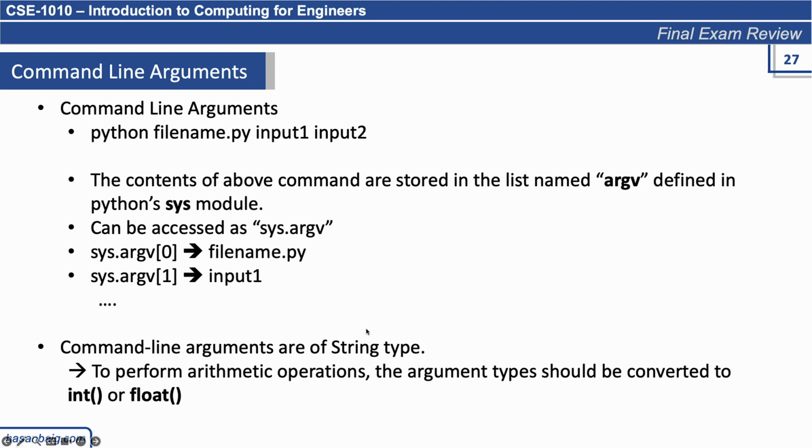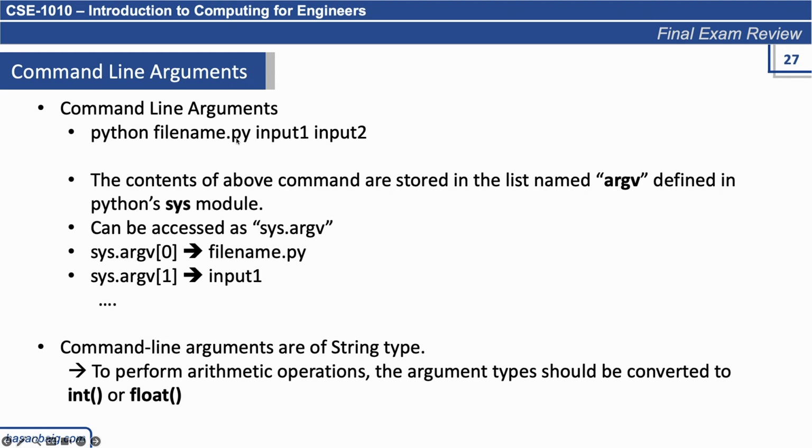After this, we discussed the command line arguments. In the command line arguments, we can actually pass the argument values while executing the Python script on the command line. So here, python is the command that we use to execute the Python script. What is the Python script here in this case?